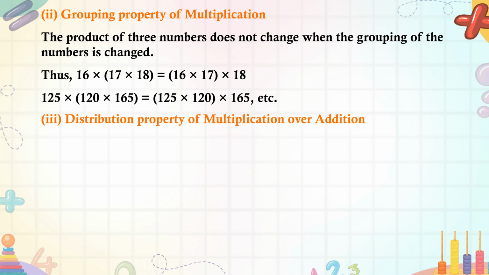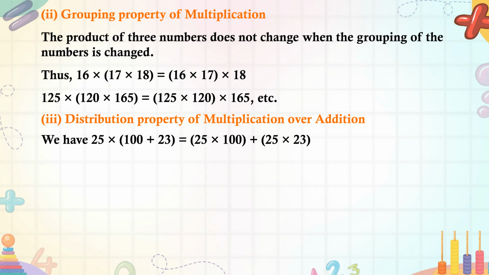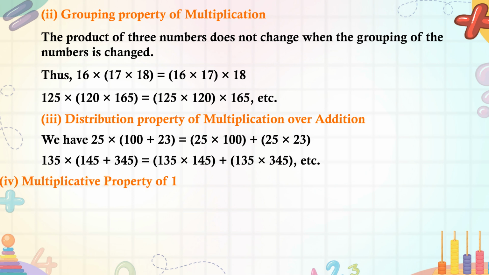Distribution property of multiplication over addition. We have 25 multiply 100 plus 23 is equal to 25 multiply 100 plus 25 multiply 23. 135 multiply 145 plus 345 is equal to 135 multiply 145 plus 135 multiply 345, etc.